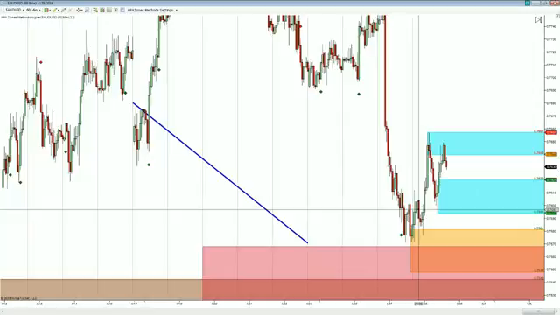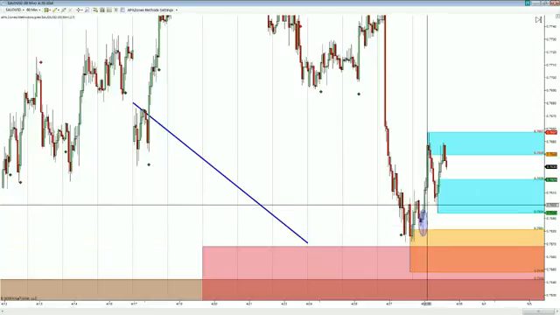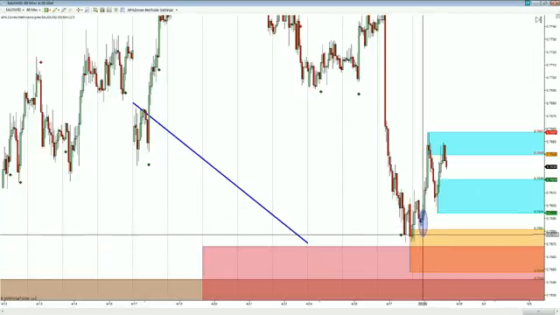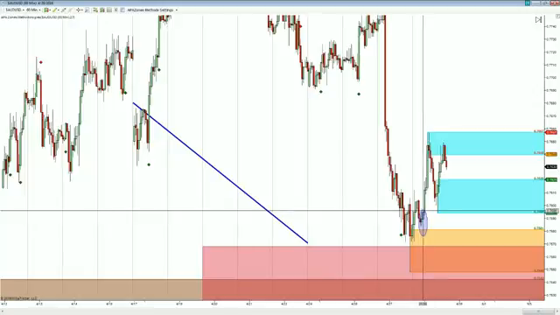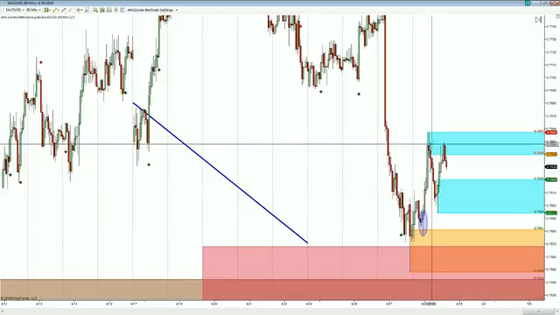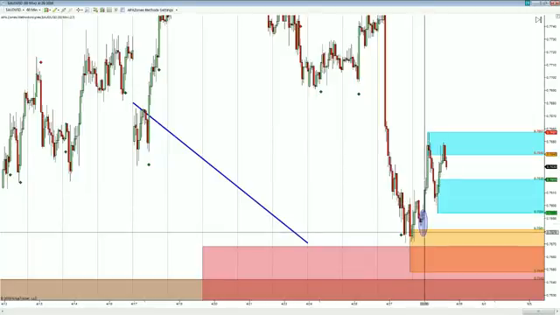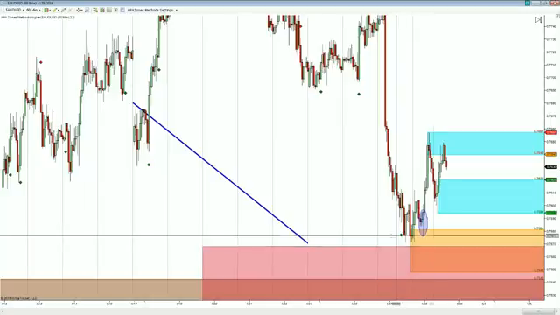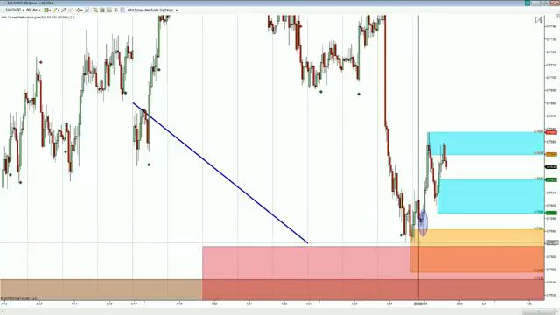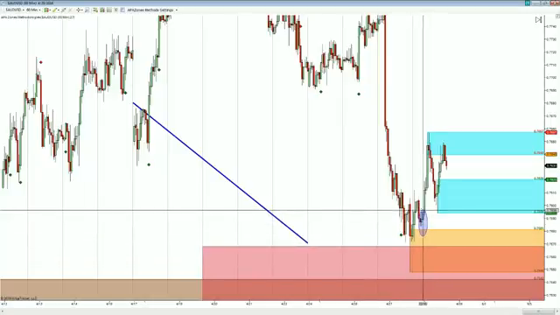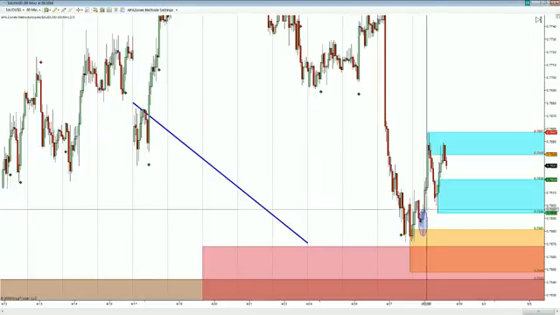If we circle this little area right here, I'd be waiting for price to come down here, touch this level, and then be looking to get long out of this, okay? Because that's the retest of this zone down here, which coincides with the daily level and all that kind of good stuff. So that's the kind of thing I'd be waiting for.